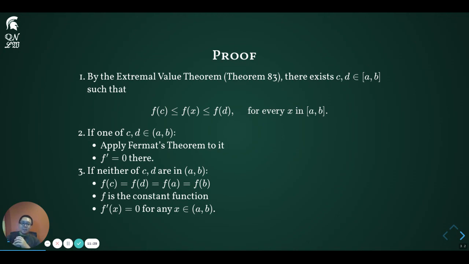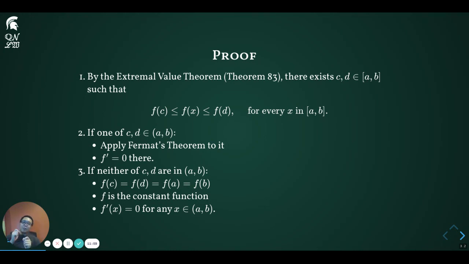Luckily, we can split into cases. If at least one of C and D is inside the open part, then we can use Fermat's theorem and say that the derivative is zero there. If neither C nor D is inside the open part, this means that both of C and D are either A or B. And since f of A is equal to f of B by assumption, this means that the global maximum is equal to the global minimum.